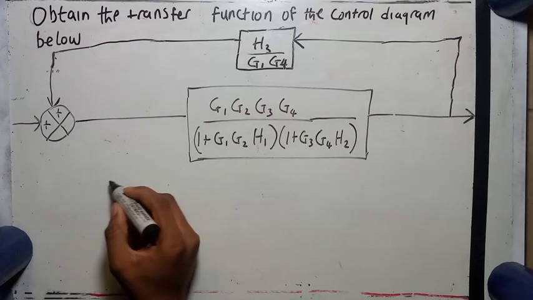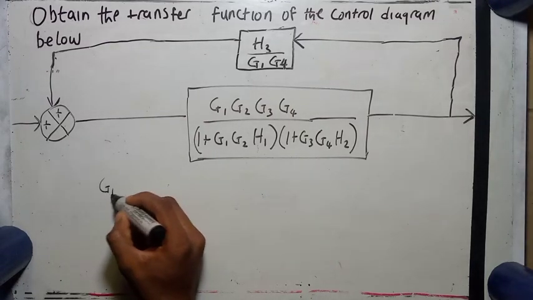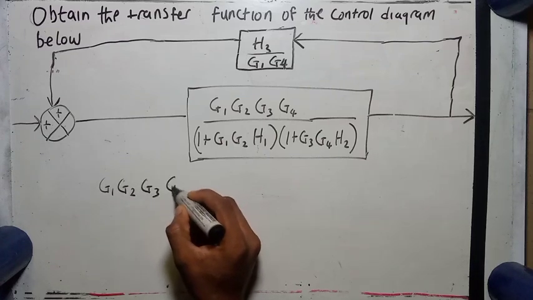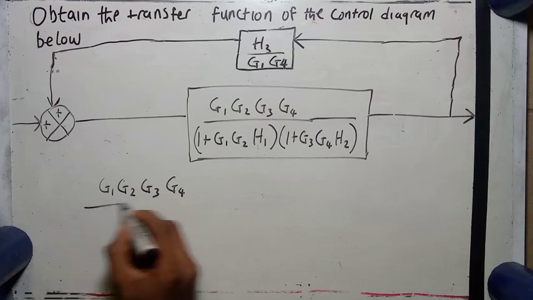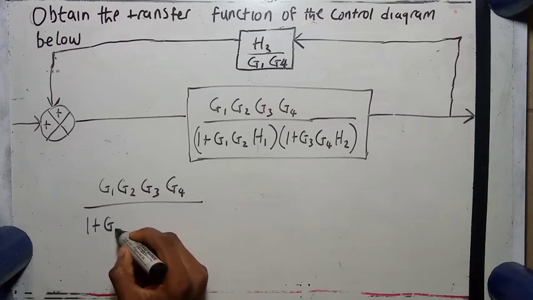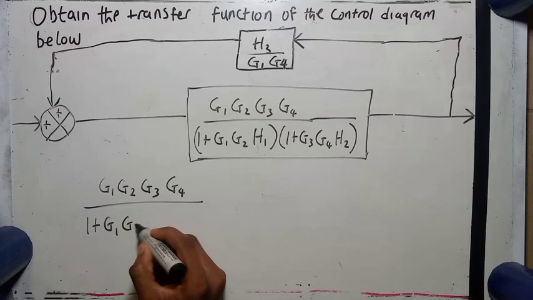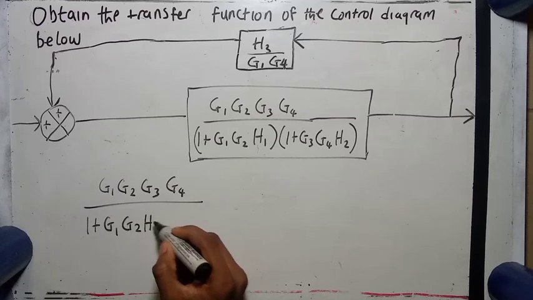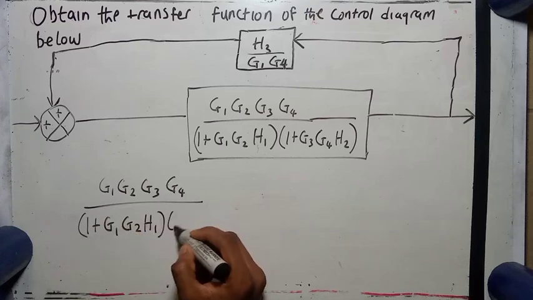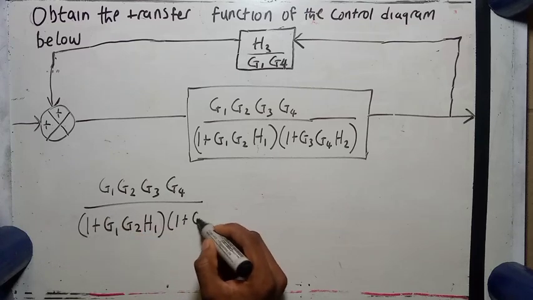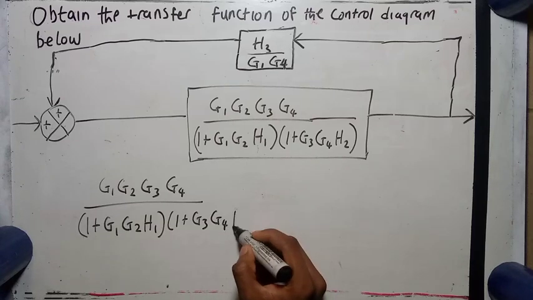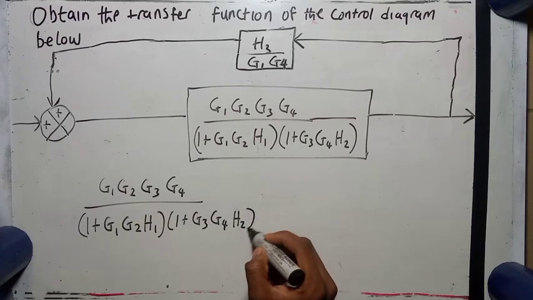Now we're going to be having G1, G2, G3, G4 over 1 plus G1, G2, H1, 1 plus G3, G4, H2.